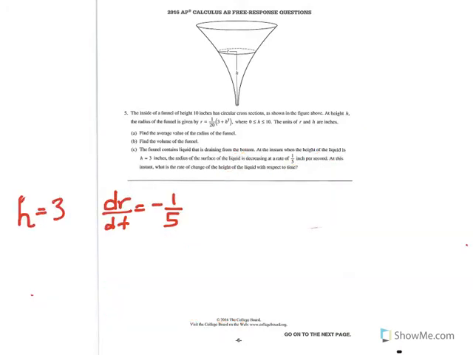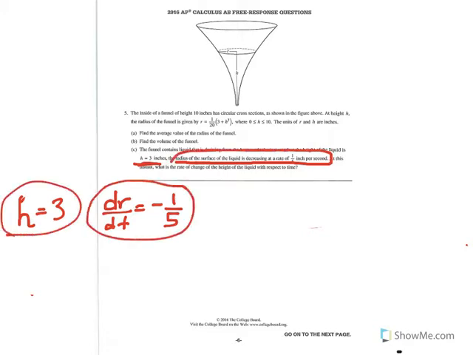Okay, so this question says at the instant the height is 3 inches, the radius of the surface of the liquid is decreasing at a rate of 1/5 inch per second. So when the height is 3, at that time, dr/dt equals negative 1/5 because the rate is going down. At this instant, what is the rate of change of the height of the liquid with respect to time? So it looks like I have two rates that are related.